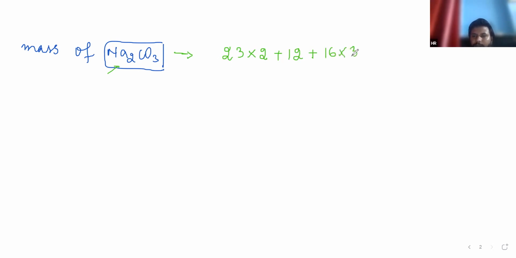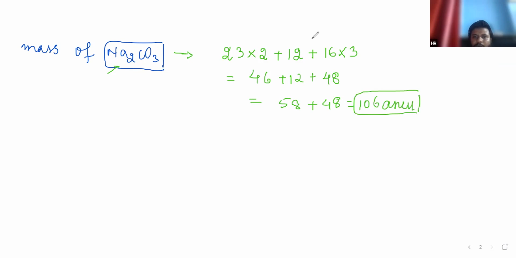That's why we are multiplying it by 3. Now we will just solve it. 46 plus 12 plus 48. 46 plus 12, how much is it? 58, and then plus 48, which is equal to 106 AMU.